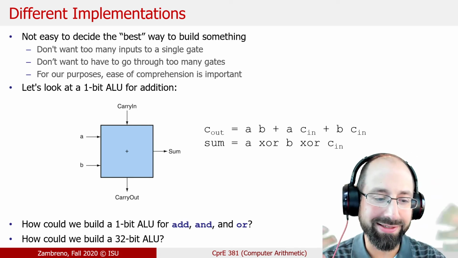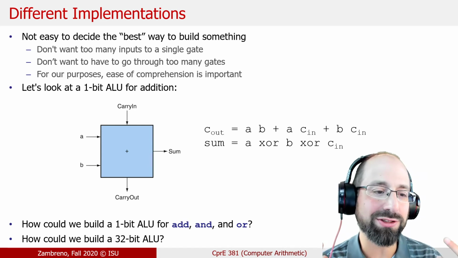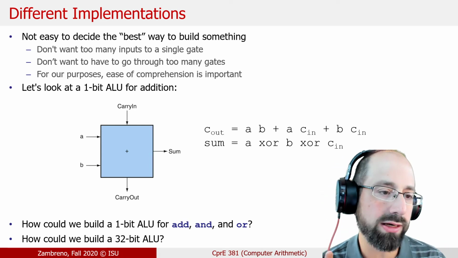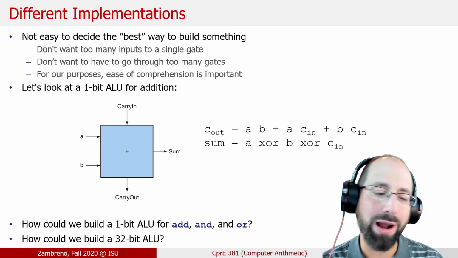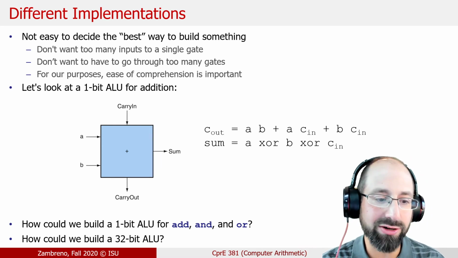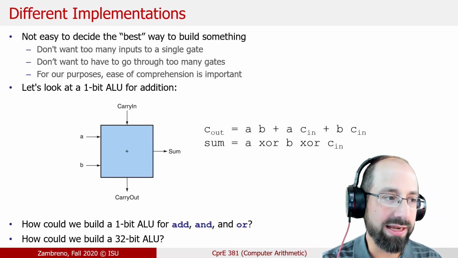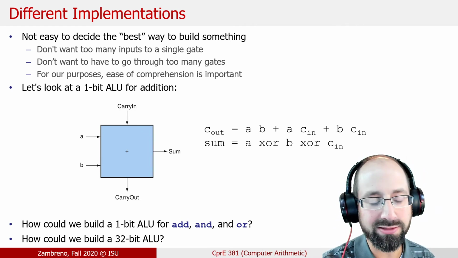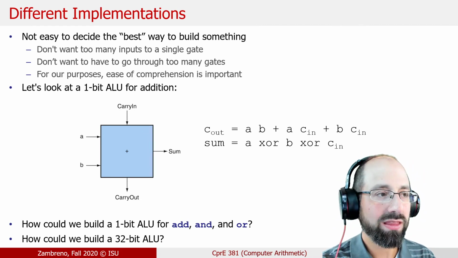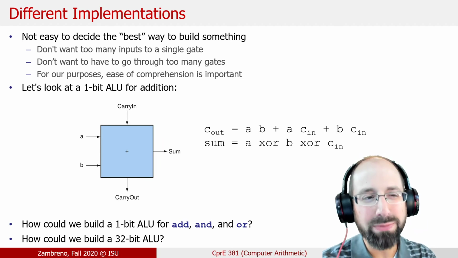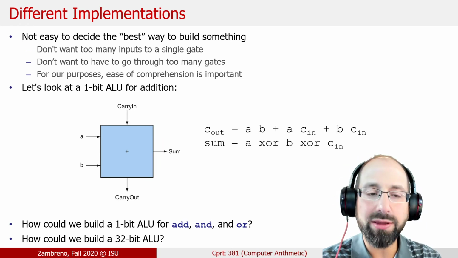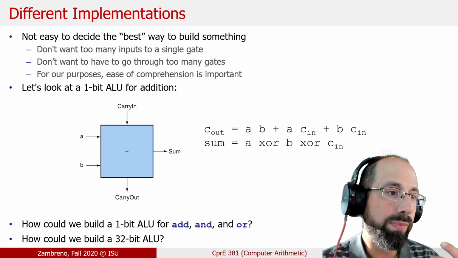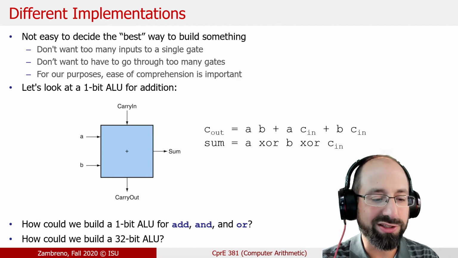Not as a class, but as a community of engineering professionals in this broad field of computer architecture. It is still an open problem of what is the best adder design for a given scenario. It is still on the critical path of all modern microprocessors, and usually it's floating point people are caring more about now than the integer math that we're doing this semester, but that is still a very much open question.